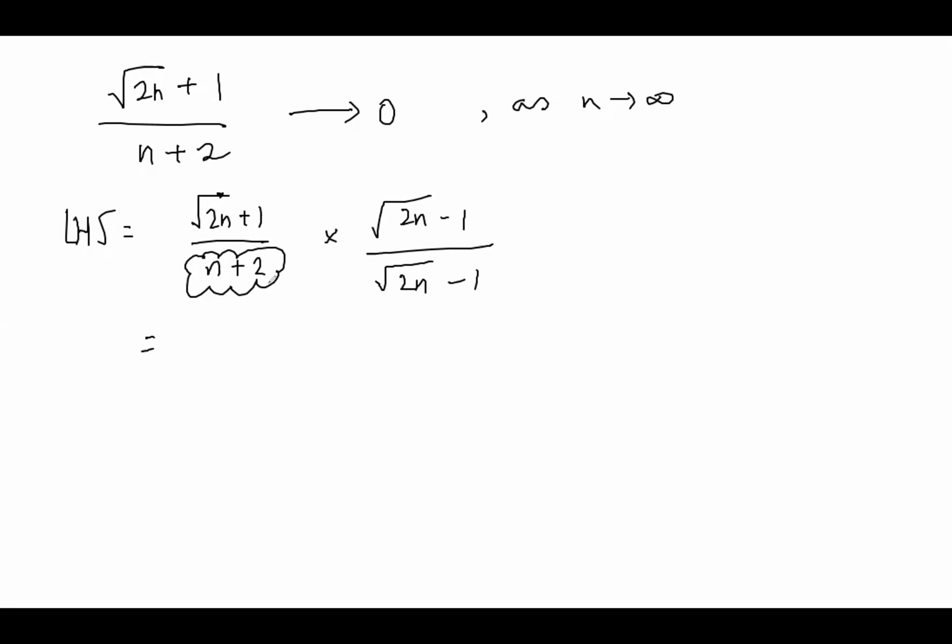So this will be 2n, plus minus, so this will be 2n minus 1. So the denominator will be this. Maybe some progress here. We can make the below part n, meaning that the square root of (2n plus 1) over (n plus 2) is less than the square root of (2n plus 1) over n.